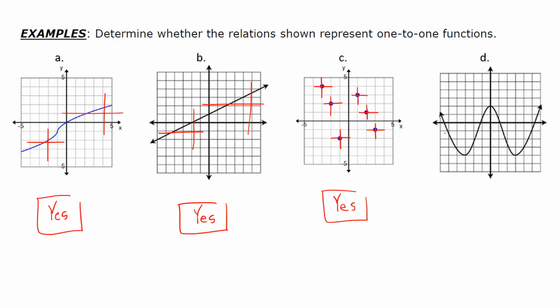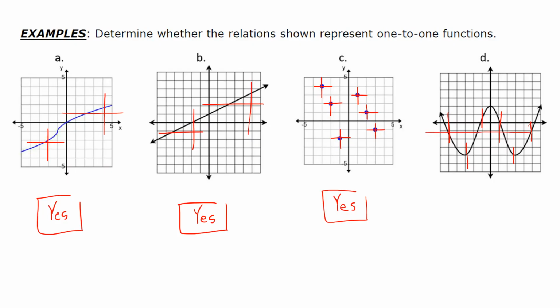Okay. Now for D, vertical lines, to test whether the relation is a function. And there's no vertical line that crosses the graph more than one time, so we know this relation is a function, but is it one-to-one? So now let's test the horizontal.